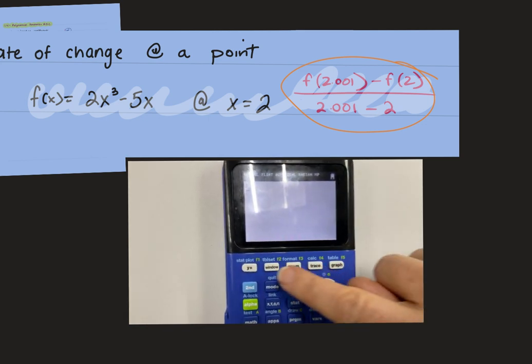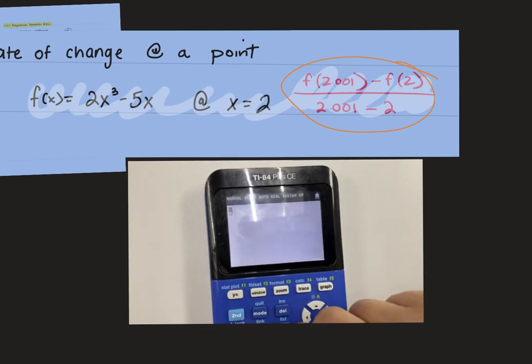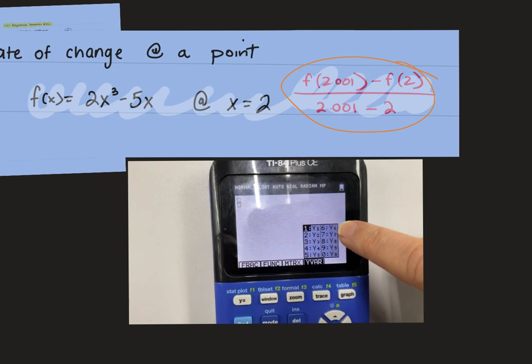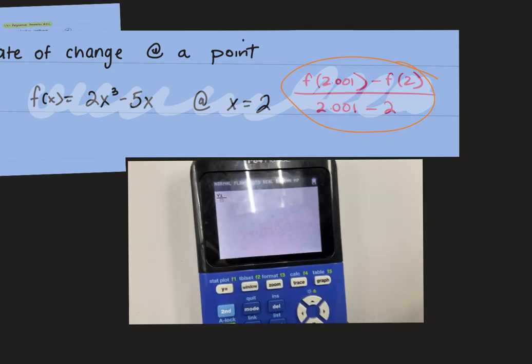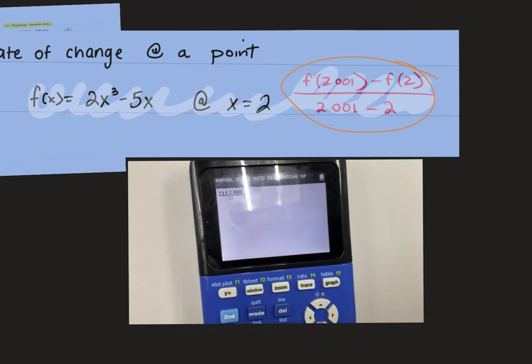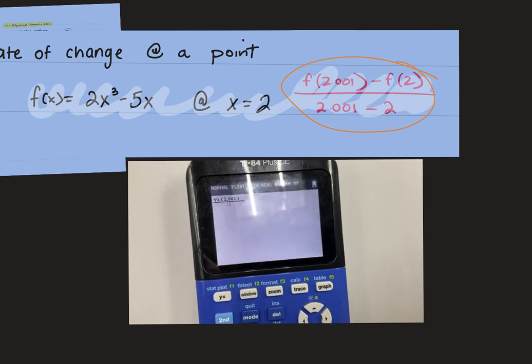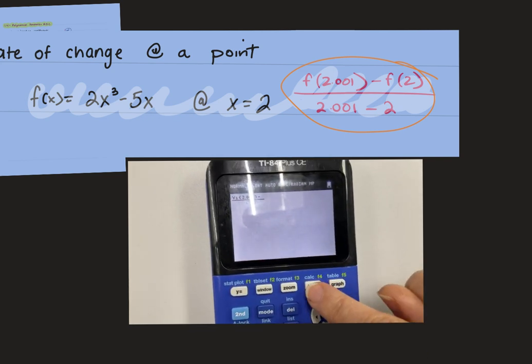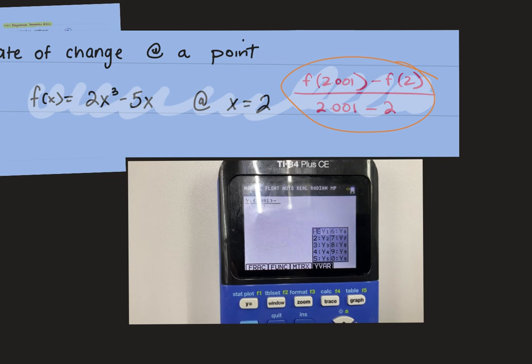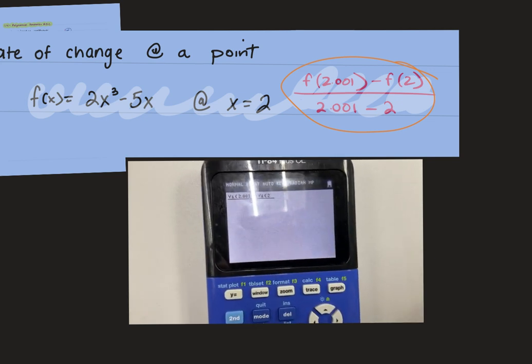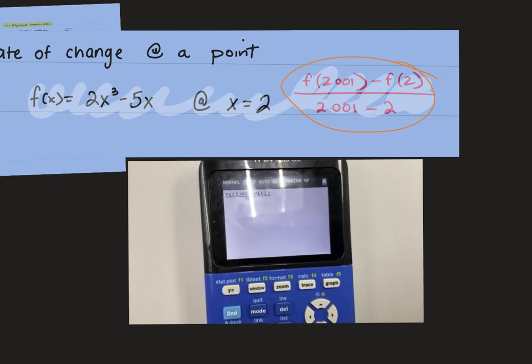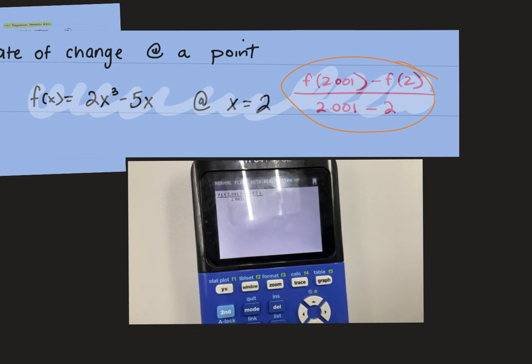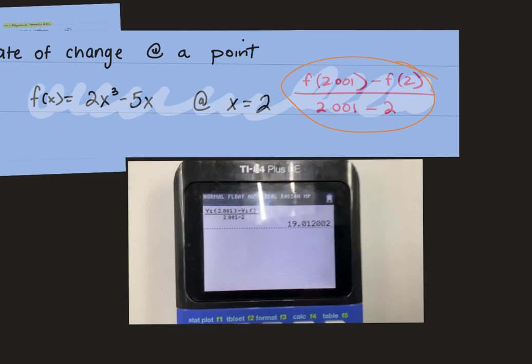The alpha trace button brings my y1. y1, open the parentheses, 2.001, close the parentheses, minus, alpha trace, y1 again, open my parentheses 2, close my parentheses, over 2.001 minus 2, hit enter, and there's my answer.